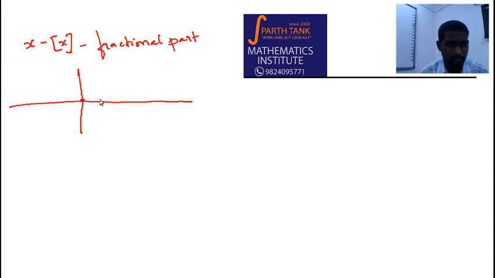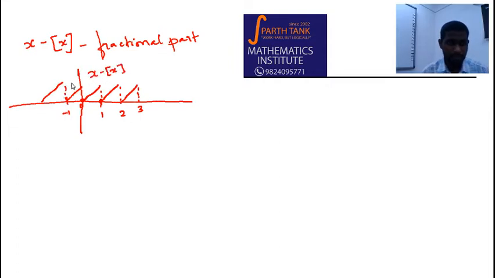From there to 1, this function keeps increasing, and at 1 it becomes 1 minus 1, 0. And then again the fractional part keeps increasing, and at 2 it again becomes 0. And then again from here it keeps increasing, and at 3 it becomes 0. The same way with negative integers also, minus 1. So this is the function x minus floor x.